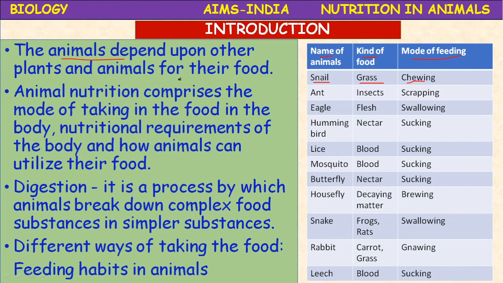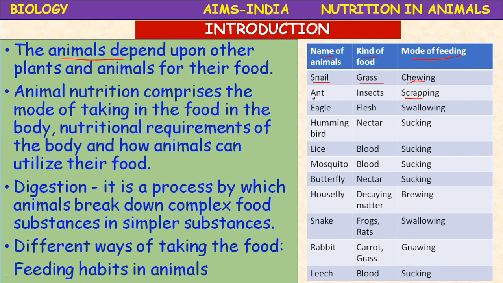Next, ant. Ant is an insect. It is a heterotroph, actually an omnivore. The mode of feeding is scraping. With the help of the mandibles, it cuts food into small pieces and consumes it.